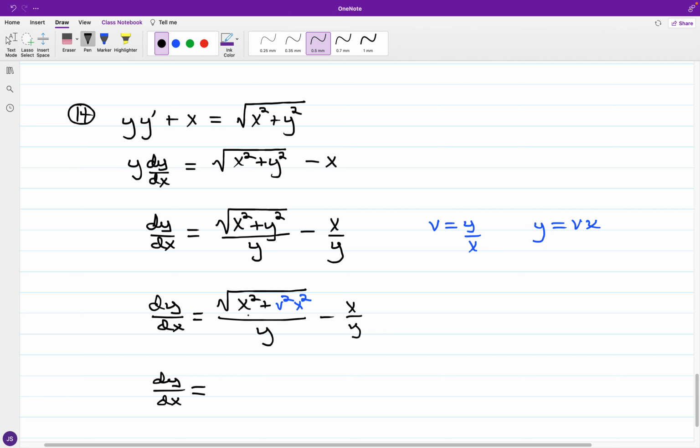And if you notice, we have x squared common to x squared and v squared x squared, so I'm going to factor out the square root of x squared, or in effect just factor out x. We have over y, and we're going to have times the square root of 1 plus v squared.